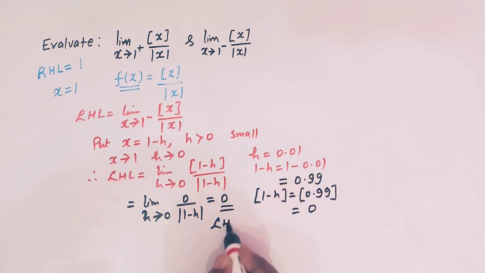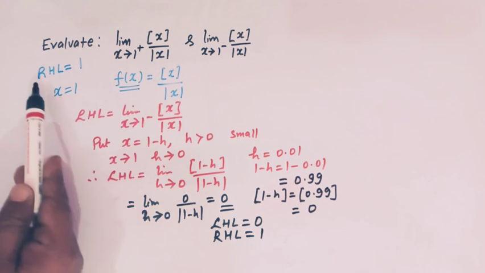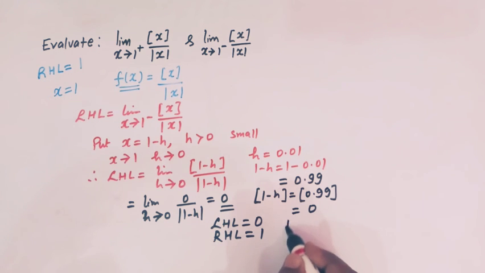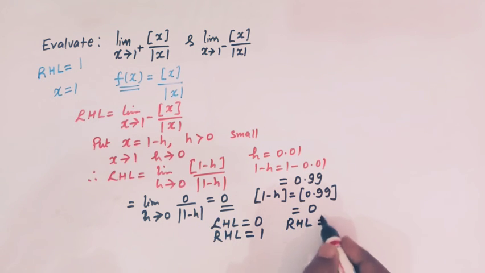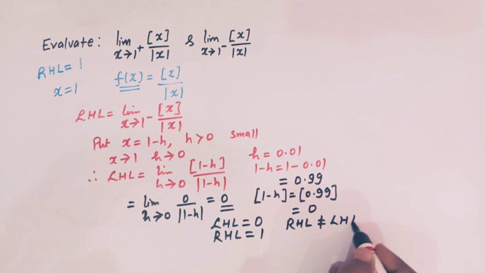The left hand limit is equal to 0, and we have just calculated the right hand limit, which is equal to 1. So we see that the right hand limit and the left hand limit are not equal.